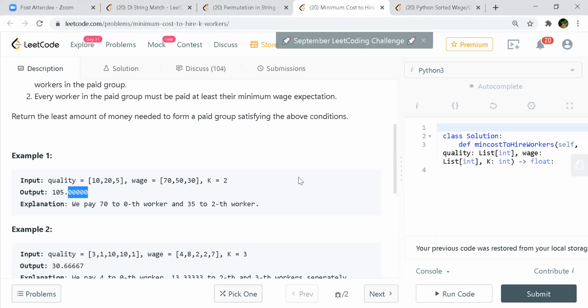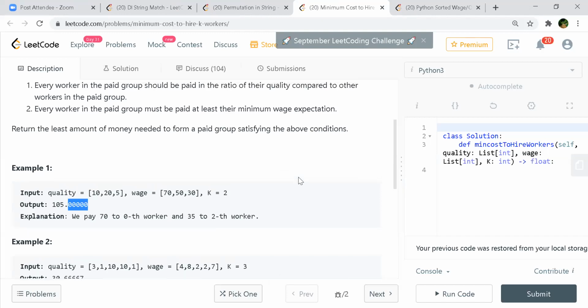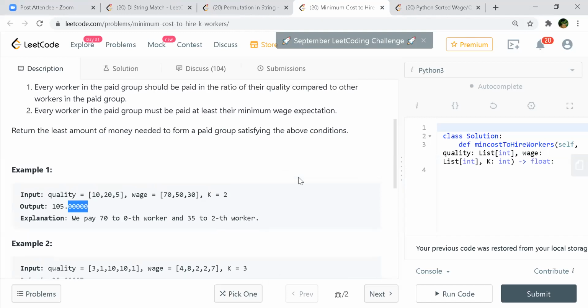Because there has to be a ratio. If you pay your first worker something, you have to pay exactly half to the second worker. If you take the ratio from the quality array, the quality of the 0th worker is 10 and the quality of the second is 5. So 2:1 is the ratio.